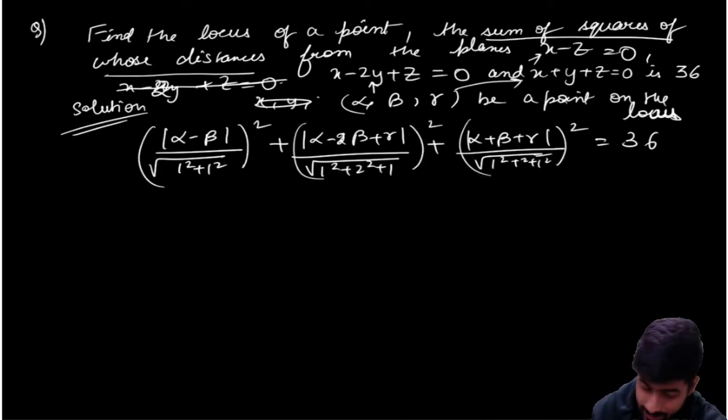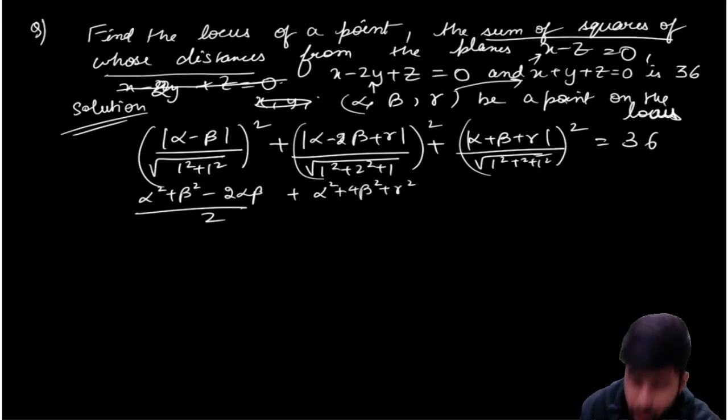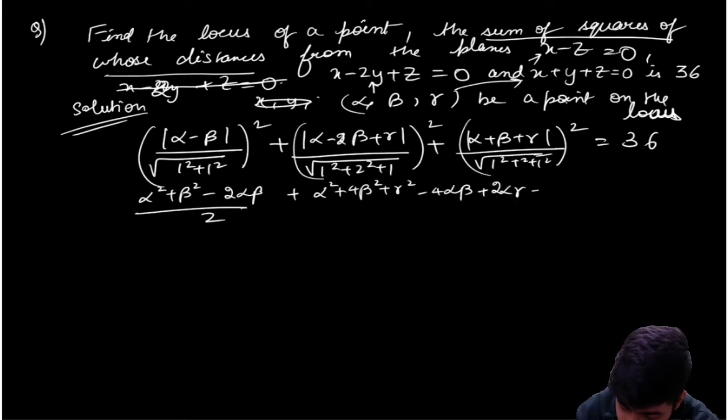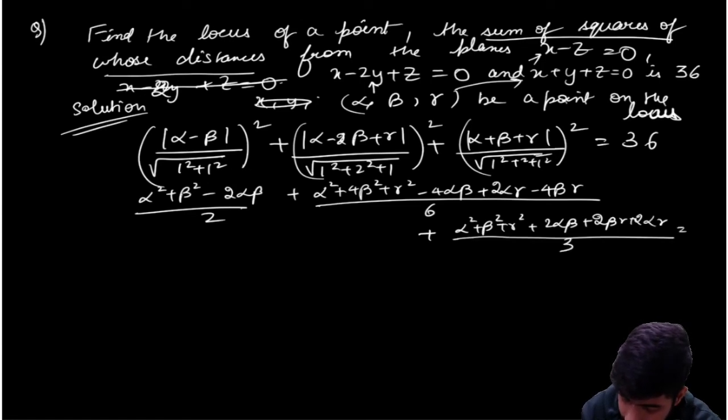So I'll just expand this now. I have alpha square plus gamma square minus 2 alpha gamma by 2 plus, expanding this, alpha square plus 4 beta square plus gamma square plus 2ab plus 2bc plus 2ca, right? So minus 4 alpha beta plus 2 alpha gamma minus 4 beta gamma by 6 plus alpha square plus beta square plus gamma square plus 2 alpha beta plus 2 beta gamma plus 2 alpha gamma by 3 is 36.